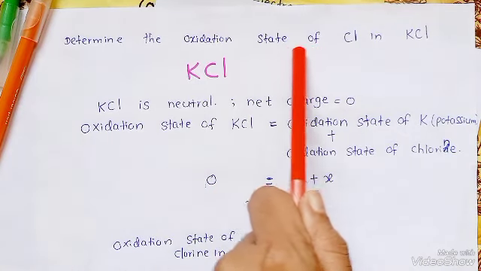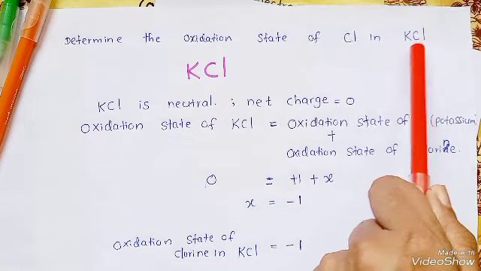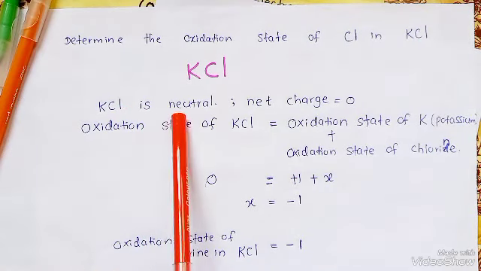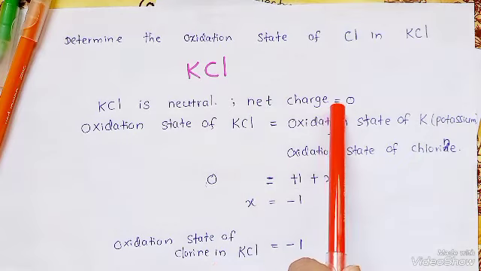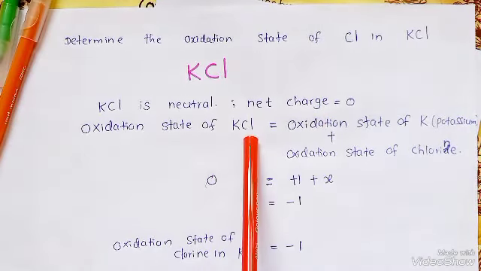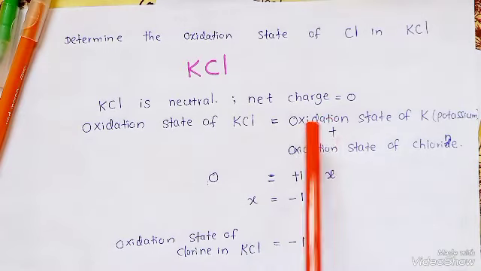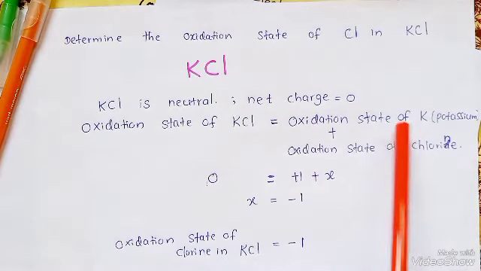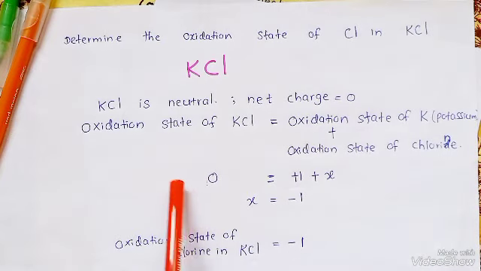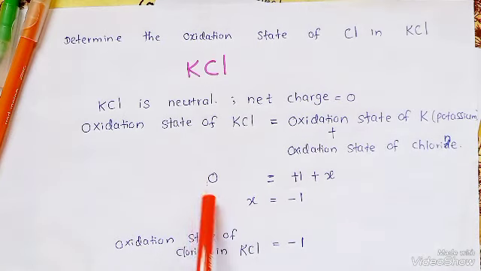Determine the oxidation state of chlorine in potassium chloride. Potassium chloride is neutral, therefore net charge 0. Oxidation state of potassium chloride equals the oxidation state of potassium plus the oxidation state of chlorine. Oxidation state of potassium chloride is 0.